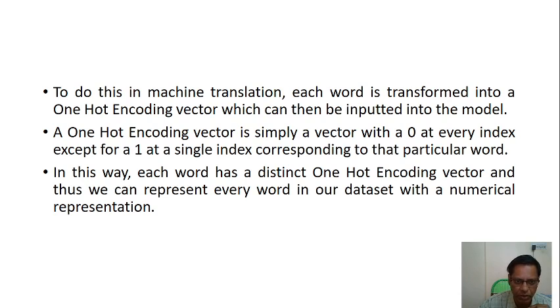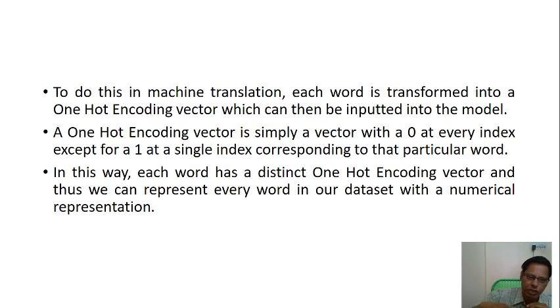A one hot encoding vector is simply a vector with a 0 at every index except for a 1 at a single index corresponding to that particular word. So what are zeros and ones here? Whatever the next level stores, it is instead of zeros and ones only, is it not? The total system is based on a binary information system, is it not?